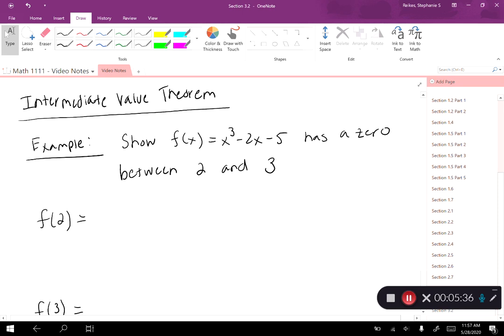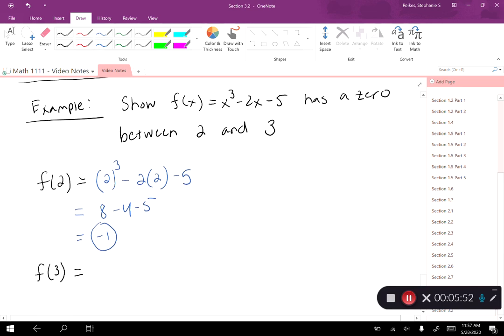So let's plug in 2 first and see what we get. So that's 2 cubed minus 2 times 2 minus 5. Simplifying, I get 8 minus 4 minus 5, which is negative 1. Let's plug in 3 next. 3 cubed minus 2 times 3 minus 5.